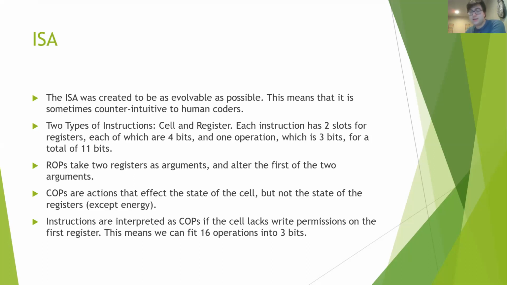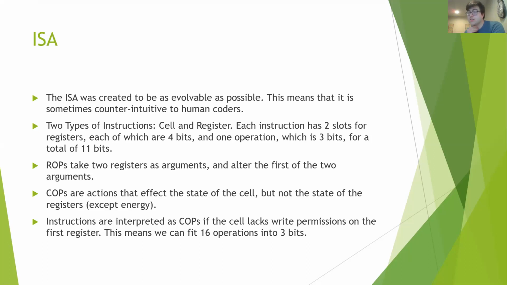The ISA itself is a little confusing, and I made it that way because I hate you. Just kidding. It's because I wanted it to take as few bits as possible, and it ends up only taking up 11 bits. There are ROPs and COPs, register operations and cell operations.